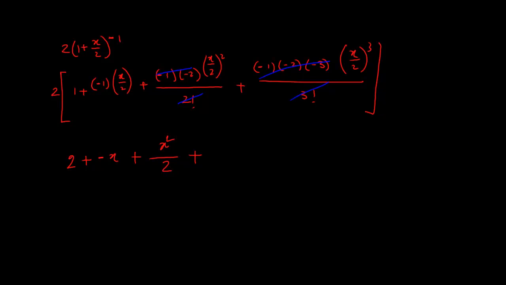So eventually what you come down with is x cubed over 2 cubed, which is 8, divided by 2 is 4.